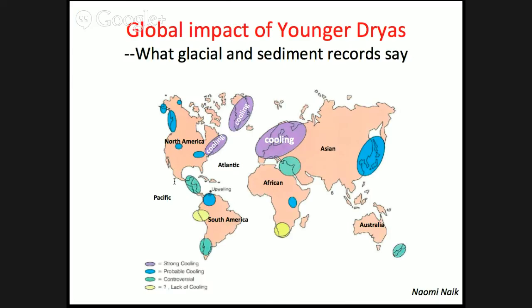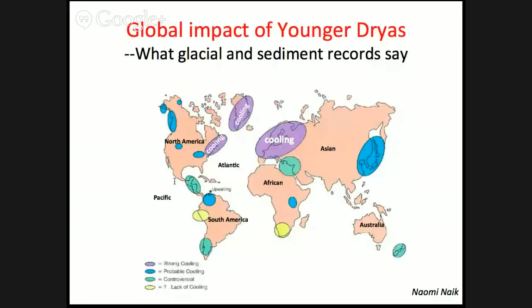Here is showing the temperature difference from today at the Younger Dryas, and this information was discovered at other sites. Here, the cooling in Greenland was discovered by the article I just introduced, and here the stronger cooling around the North Atlantic Ocean at the coast region, and here is the cooling over the Cariaco Basin.